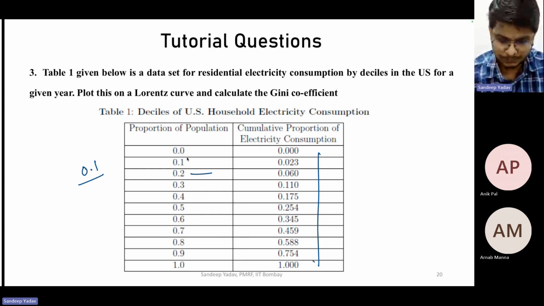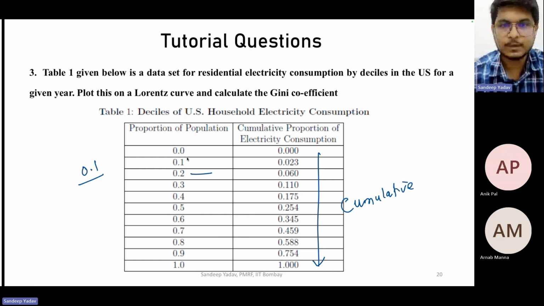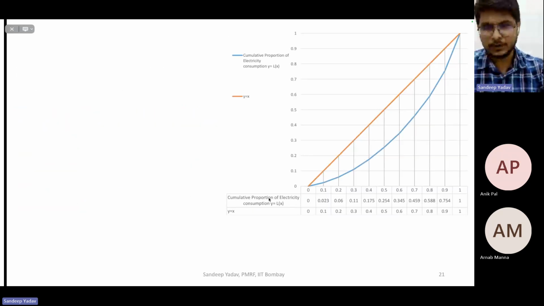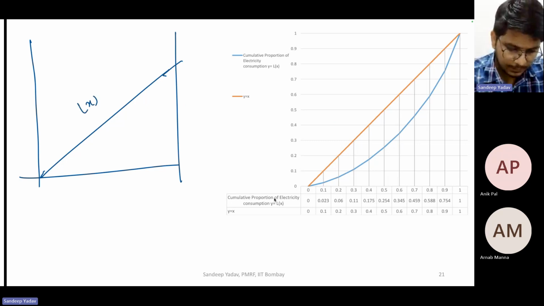So here it's given as cumulative. Okay, so now let's draw this. If you draw this line physically, this will be the line Lx is equal to x. That means a line of equality. This is the line of equality.